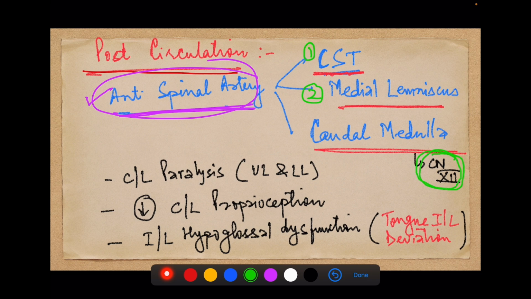So there will be symptoms which affect the corticospinal tract. Corticospinal tract means there will be paralysis, contralateral paralysis of the upper limb as well as the lower limb, because of the entire half of the body, right? Medial lemniscus. What is the medial lemniscus?